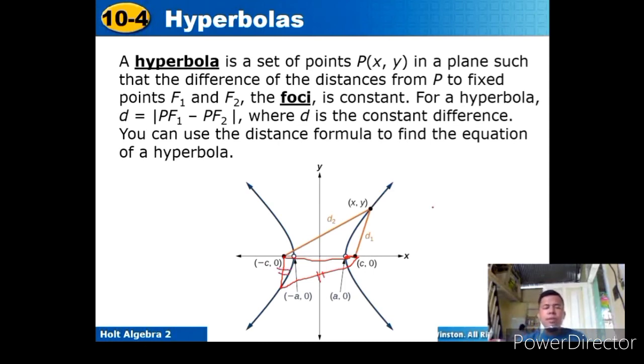So we will know what that constant difference is. Okay? Just remember this definition of the hyperbola.